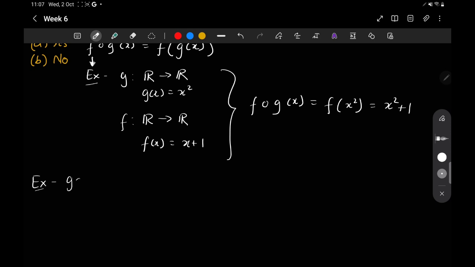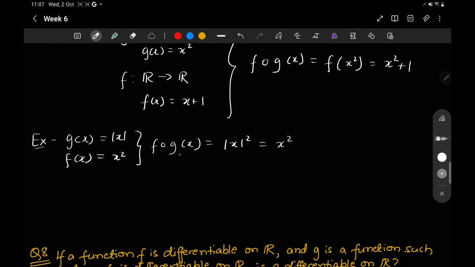Let us say g of x is equal to mod of x and f of x is equal to x squared. In this case, FOG of x is going to be mod of x whole squared, which is the same thing as x squared.